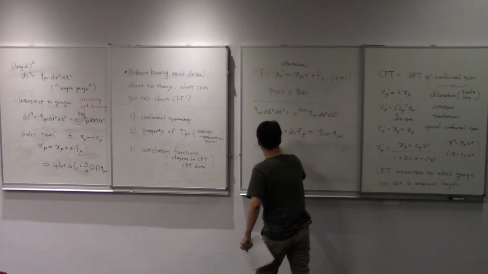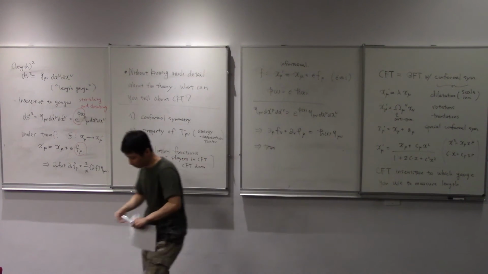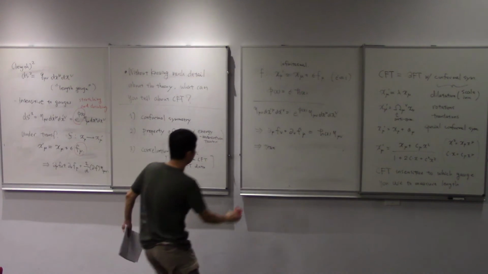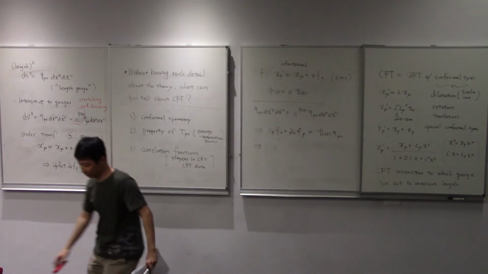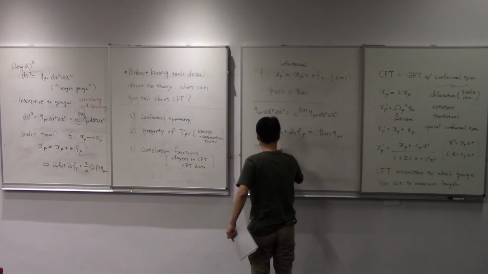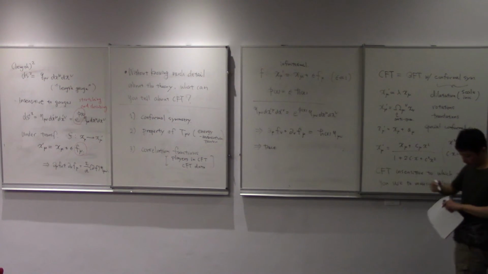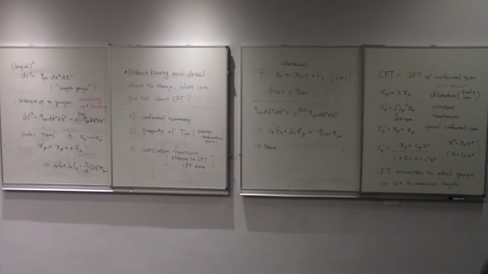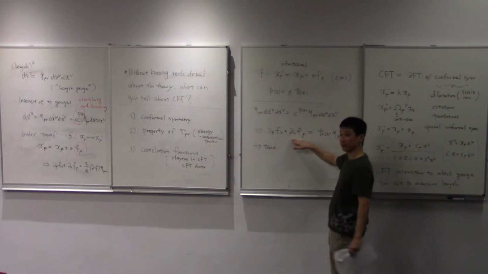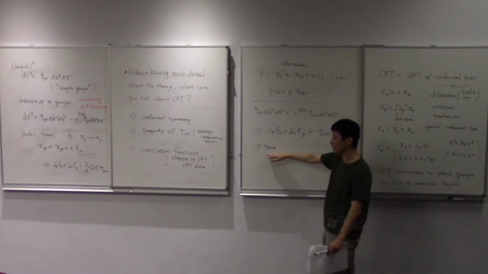So take the trace. You have this rank 2 tensor, and this is a matrix on both sides, and then you take the trace.